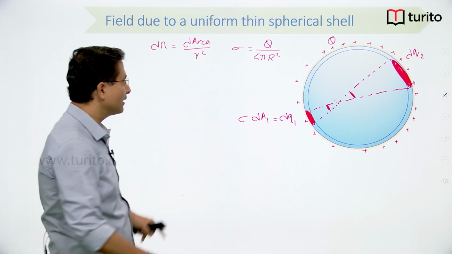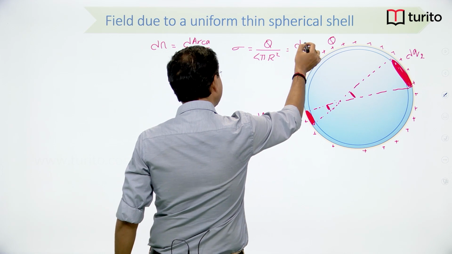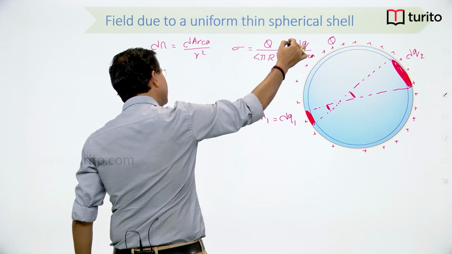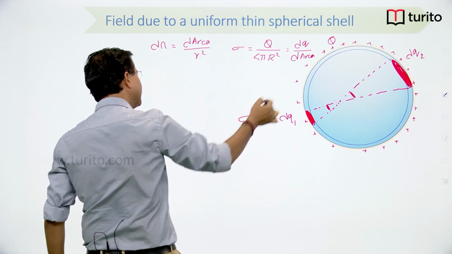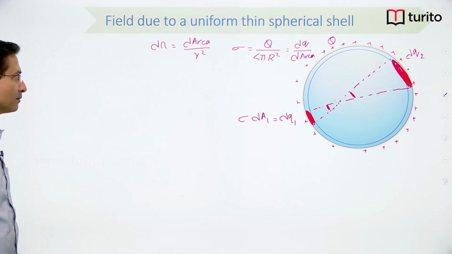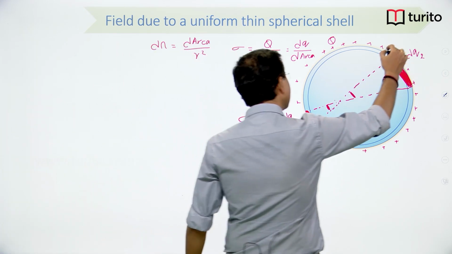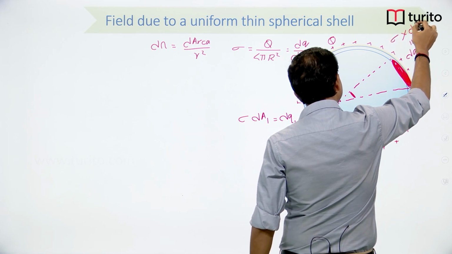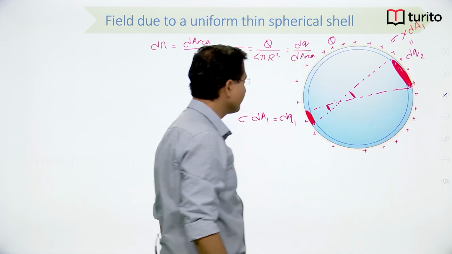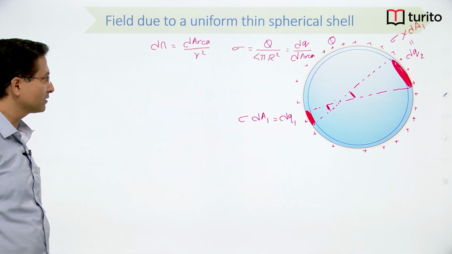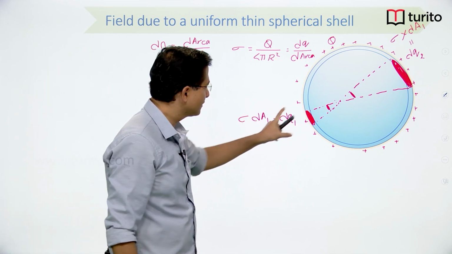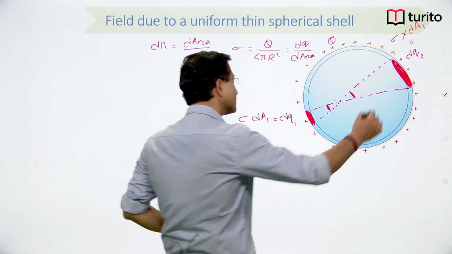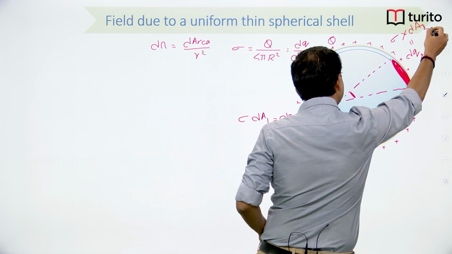Sigma is dq by d area. So if I need dq, that is nothing but sigma into d area, that is what I have written here. Similarly for this charge I can write sigma into dA2, where dA1 is the area of that particular patch, right. So the area of this patch is dA1 and the area of this patch is dA2, right.